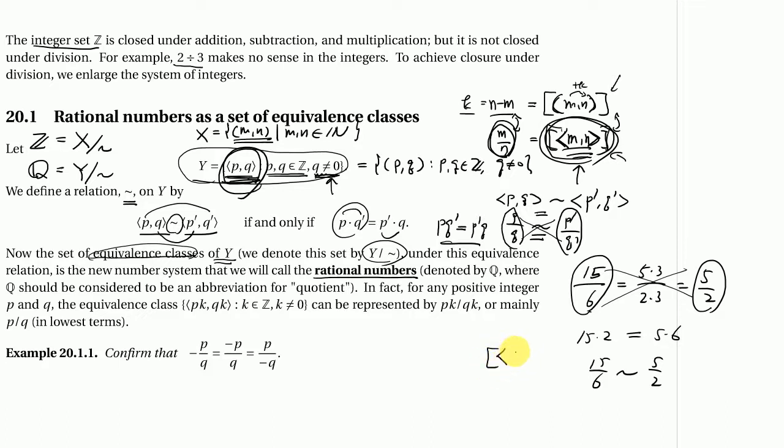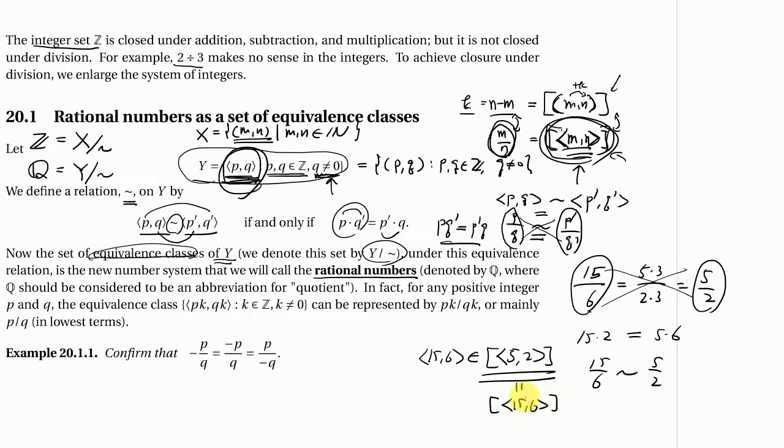Which means that inside this 5 halves, 15, 6 is an element of this entire set. So you can choose either way as a representative. This one is the same as 15, 6.